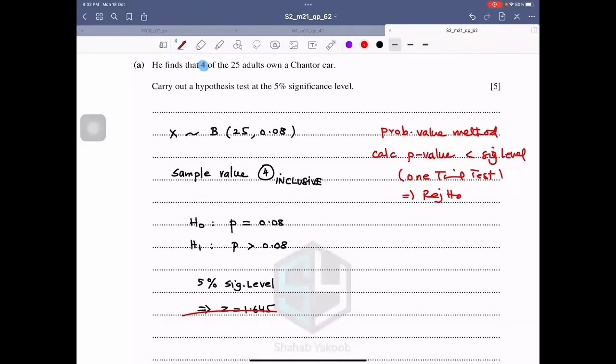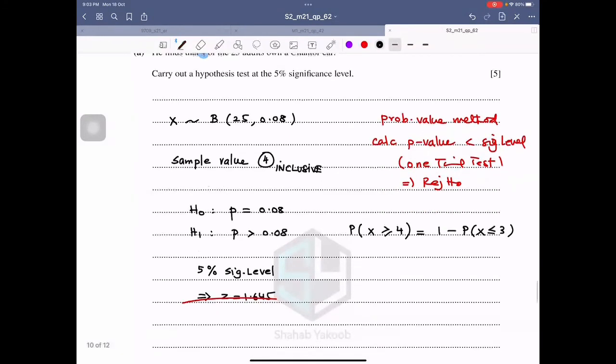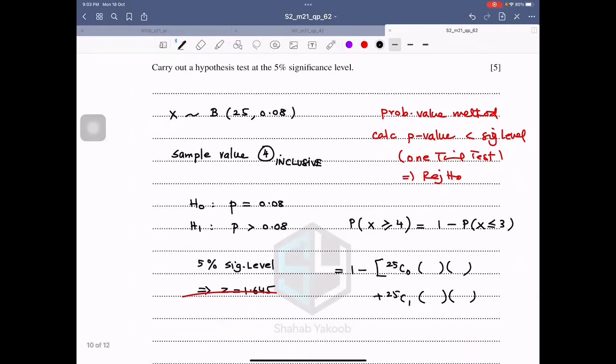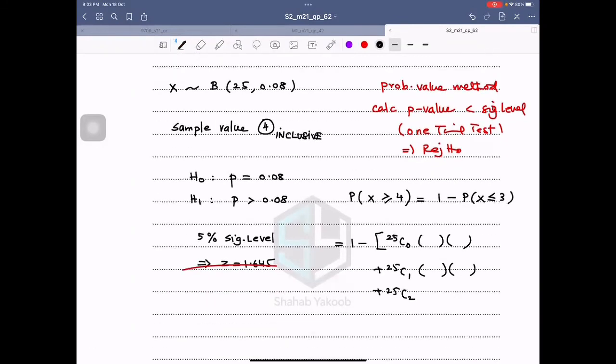So basically, I have to calculate the working. Probability X is greater than or equal to 4, which is too much to calculate. 1 minus probability X is less than or equal to 3, which is 1 minus 25C0, and then 25C1, and then 25C2, and also 25C3.